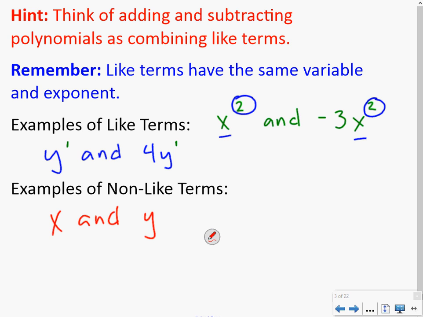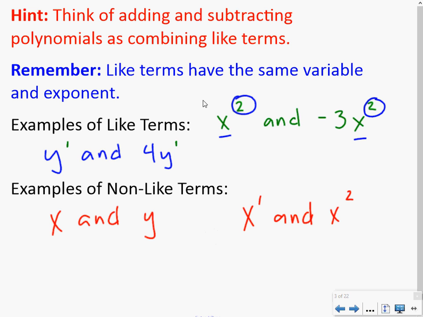I wouldn't be able to combine those because they're not the same variable. Another example would be x and x squared. Even though they have the same variable, this x has an exponent of 1 and the other has an exponent of 2. Because they don't have the same exponents, they're not like terms. They cannot be combined together.